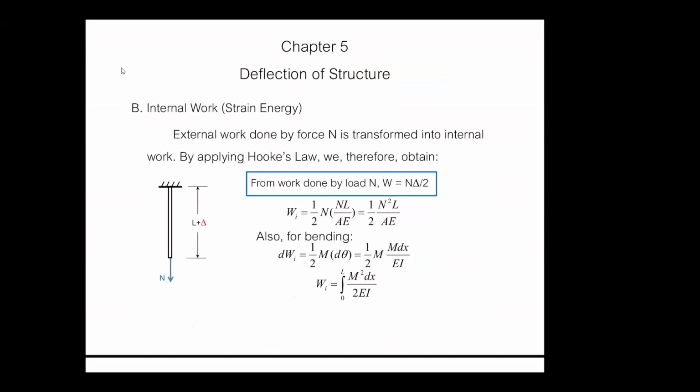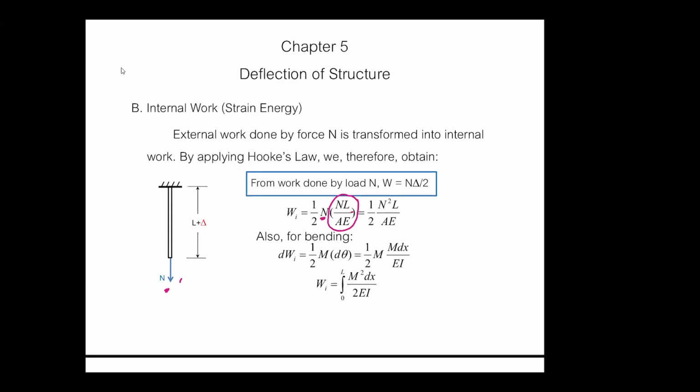And you can use the same if you attach the force here, and then you can calculate the deflection of this rod. If the load is N, your deformation is NL over AE, right? So the work is the force itself multiplied by the distance that it has to travel, which is the deformation of the structure.